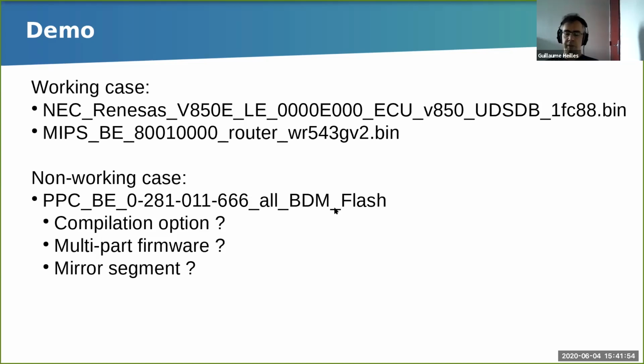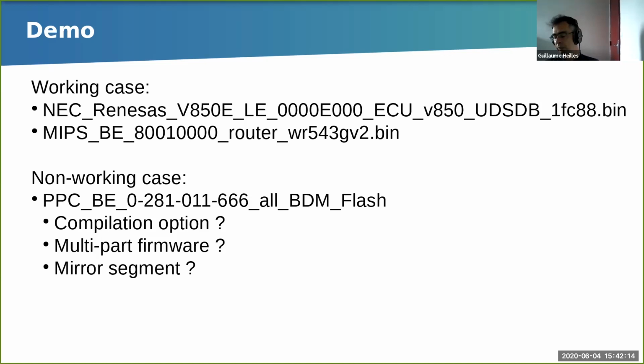For example, for this specific firmware, I suspect there is a compilation option which makes sure that there is no 32-bit pointer to functions. Or maybe the firmware is a multi-part firmware, and I can just inspect a very small portion of it.